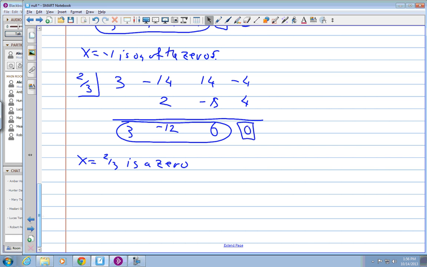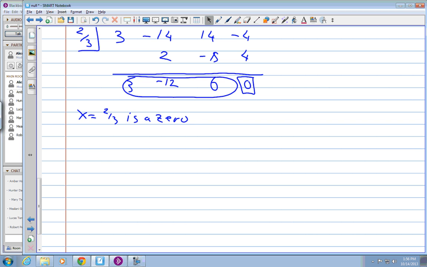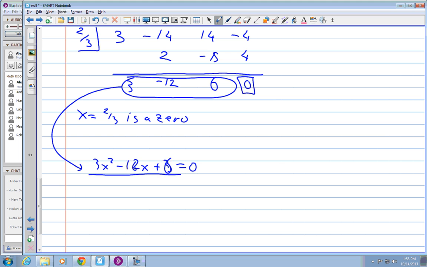But anyways, whatever this thing is, that's a quadratic. So I can take that and set it equal to 0 to find the rest. So 3x squared minus 12x plus 6 equals 0, right? I can divide everything by 3 to make my life a little easier. So this is x squared minus 4x plus 2 equals 0.